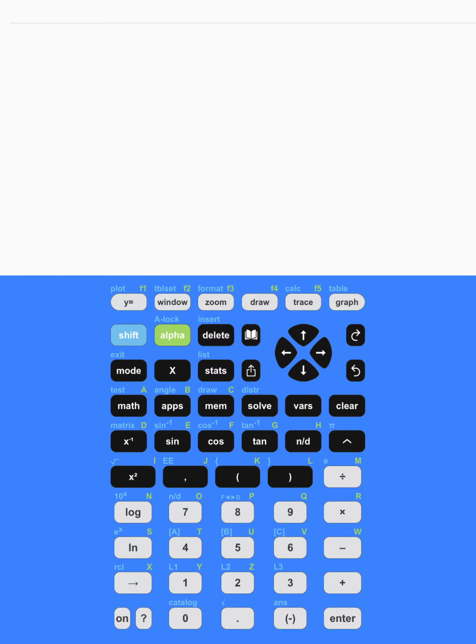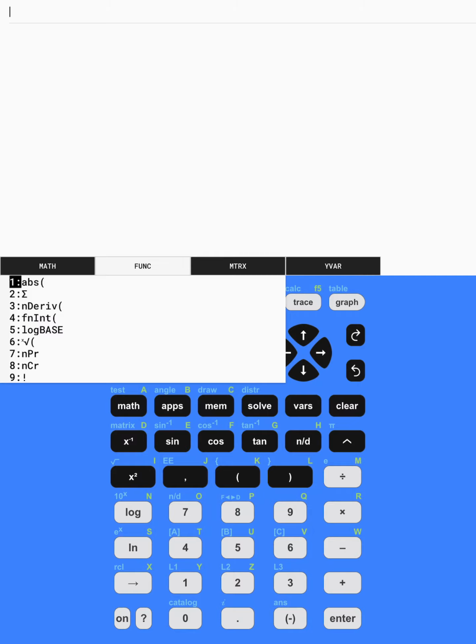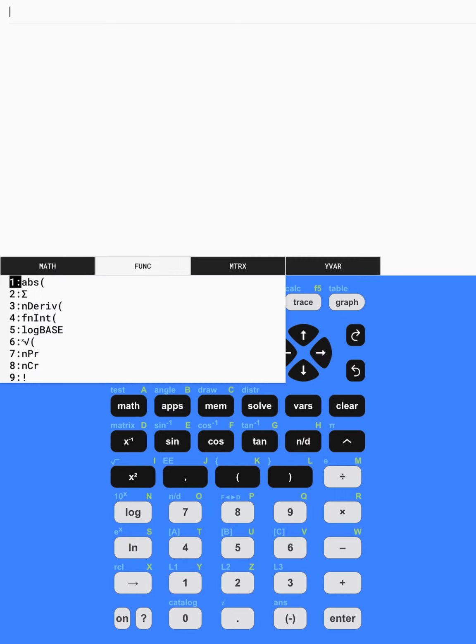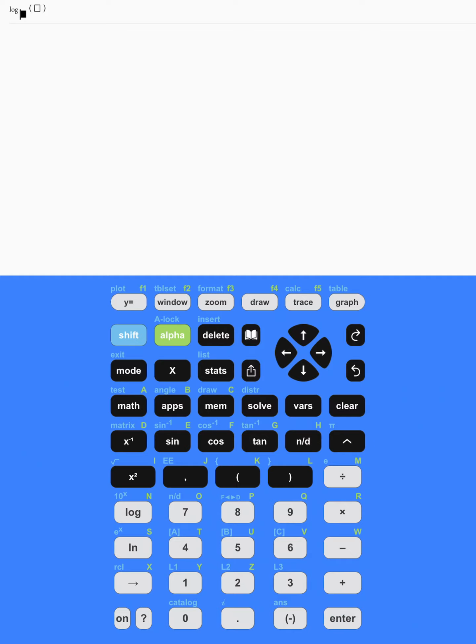If you have the newer version calculator, you're going to be able to do alpha window, and then you'll see this number 5. You should see this log base.